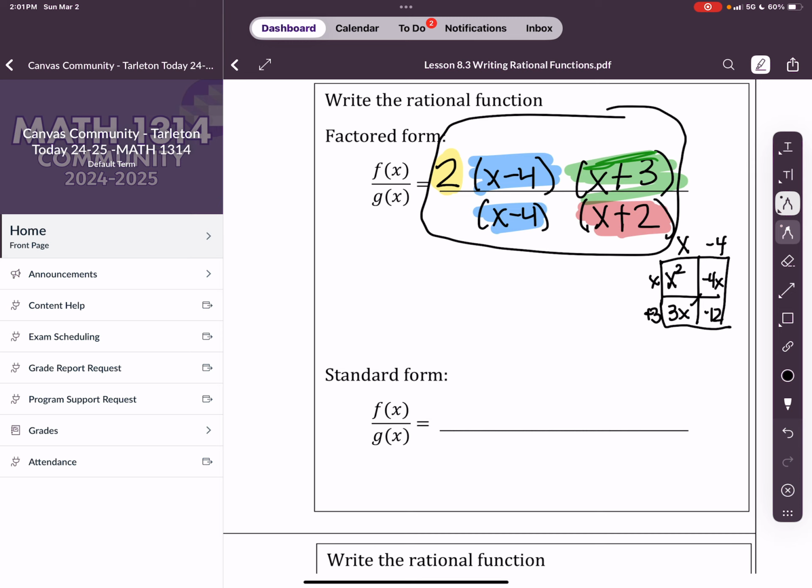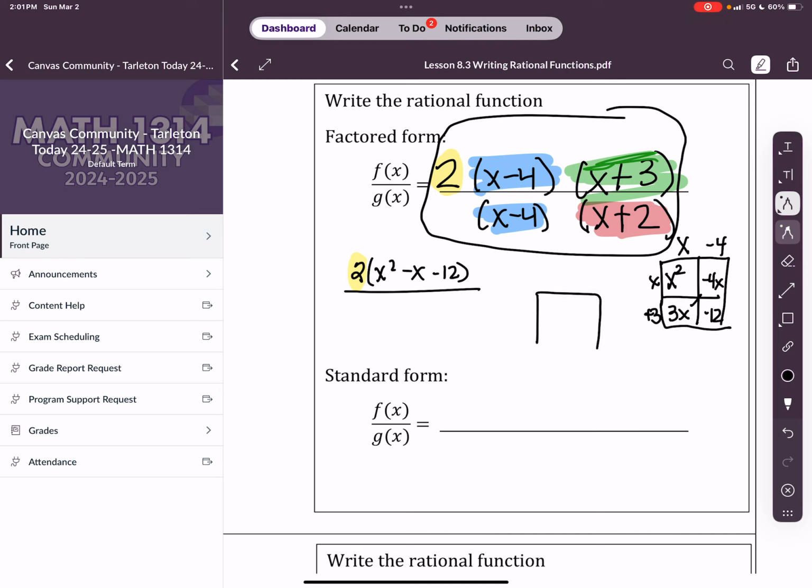So we get x squared minus 4x plus 3x minus 12. So combining like terms on the top, I have my 2 from the front, okay? That 2 came from right there. So then I have x squared minus x minus 12 over, and I'm going to do x minus 4, x plus 2, x squared minus 4x plus 2x minus 8.